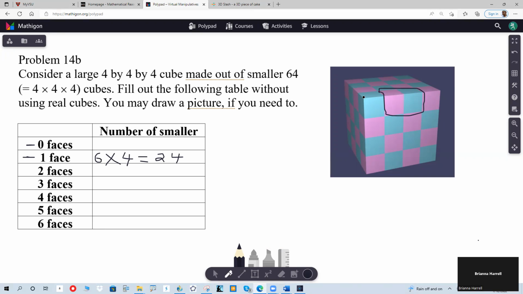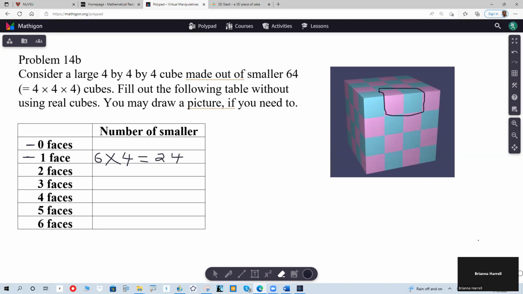Remember, guys, it has 12 edges: 4 on the ceiling, 4 on the floor, 4 between the walls. I'm not going to draw all 12. I don't have to. These two cubes that I circled in black ink are two cubes that show two faces. All the other faces are hidden.